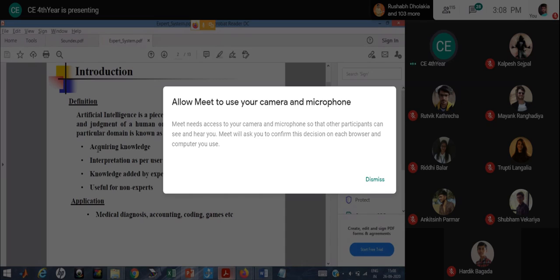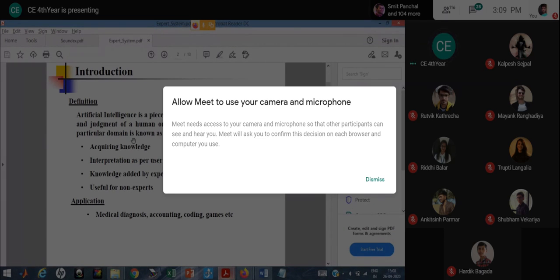Now, how does it work? It works by acquiring relevant knowledge from its knowledge base and interpreting it according to the user's problem. The data in the knowledge base is added by a human who is an expert in a particular domain, and this software is used by a non-expert user to acquire some information.